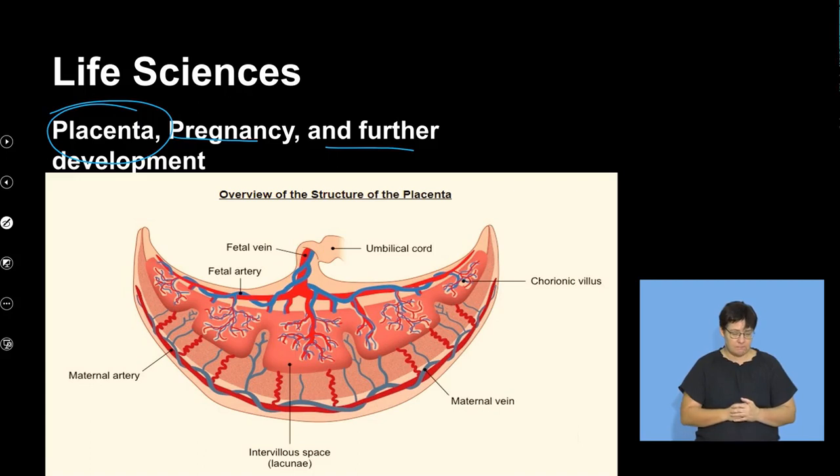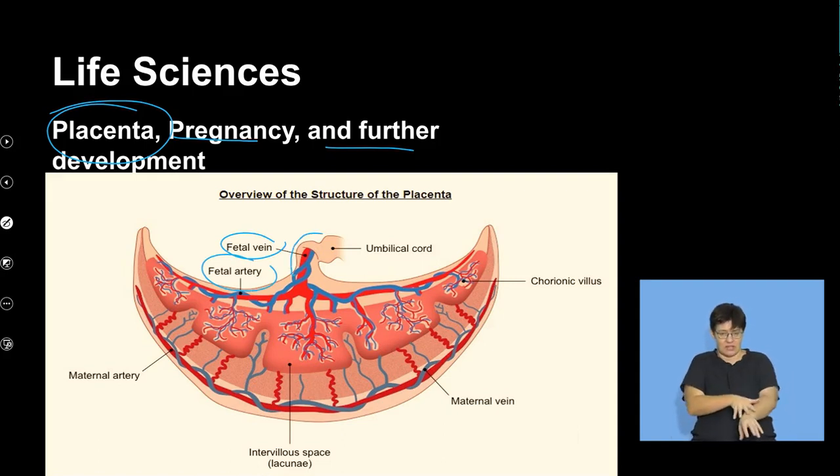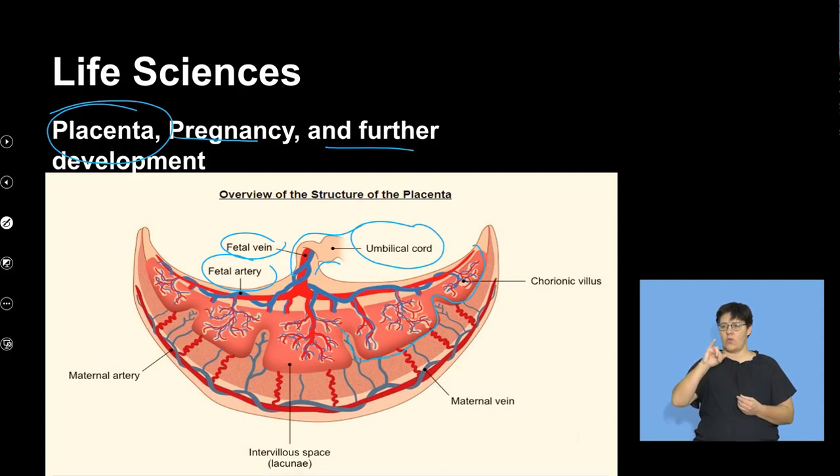So the placenta is a disc-shaped structure, and we'll look at how it looks in the body in a bit, that contains a fetal vein and fetal arteries, which are enclosed and connected within an umbilical cord. And this placenta contains chorionic villi or folds that connect into the endometrial lining.